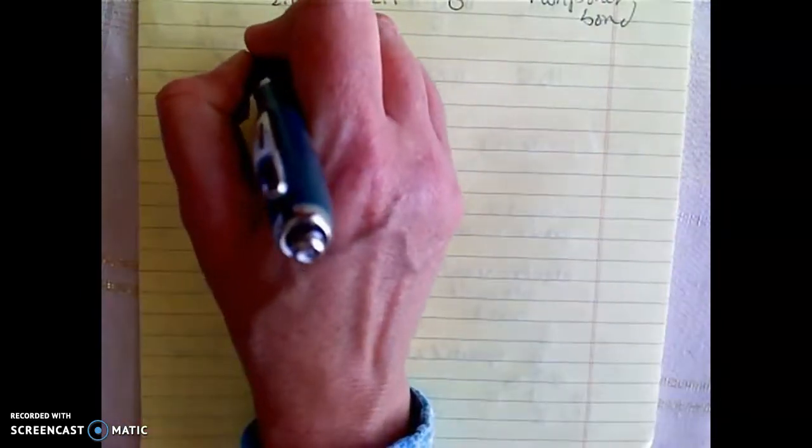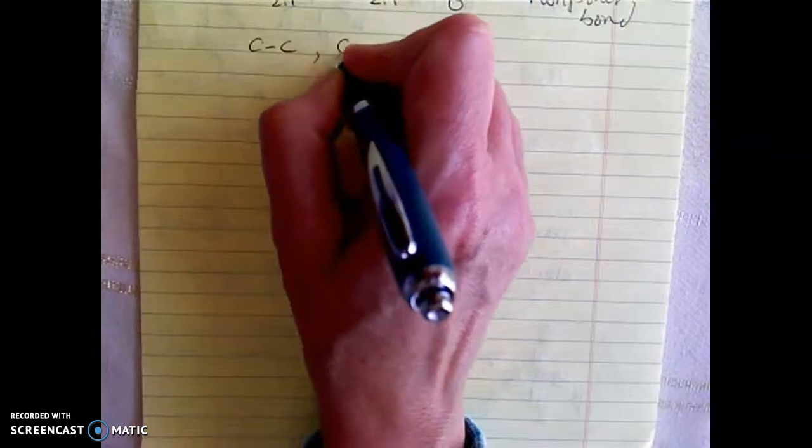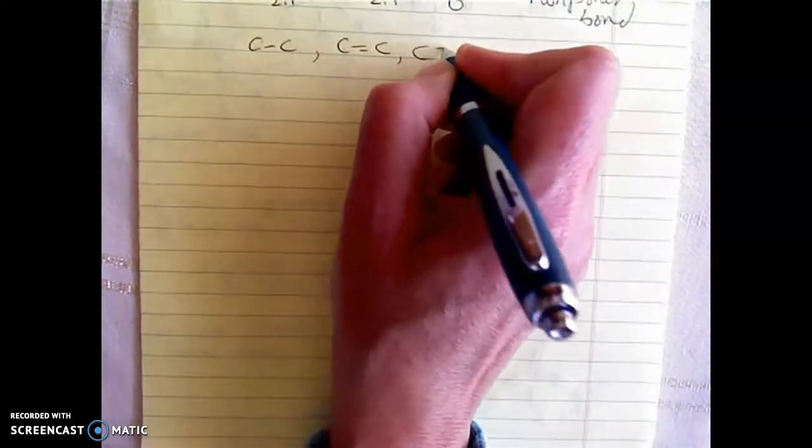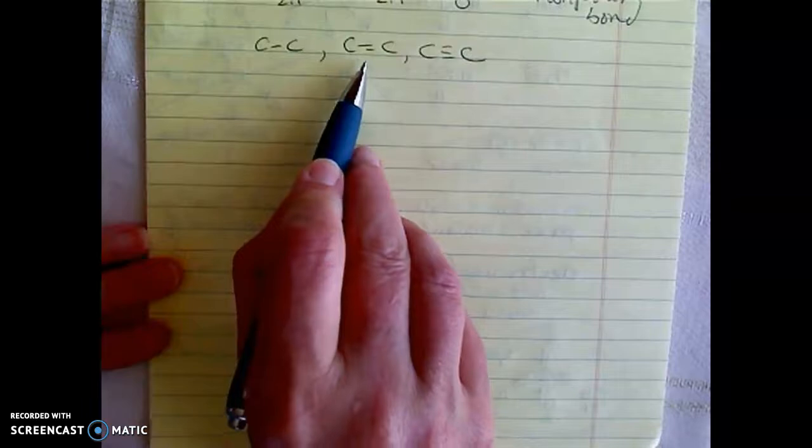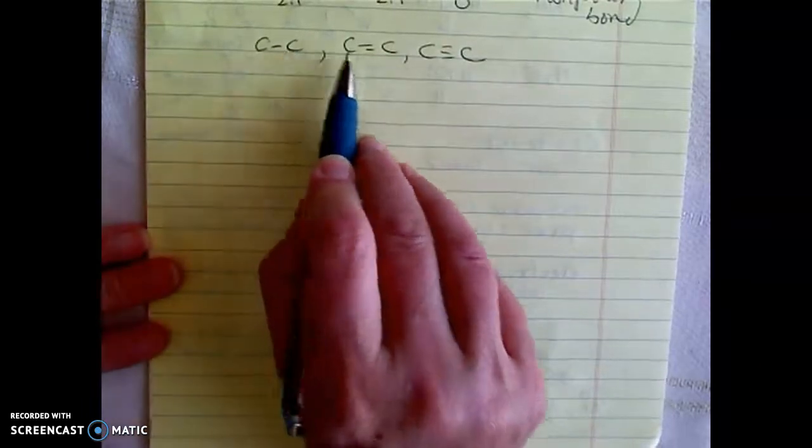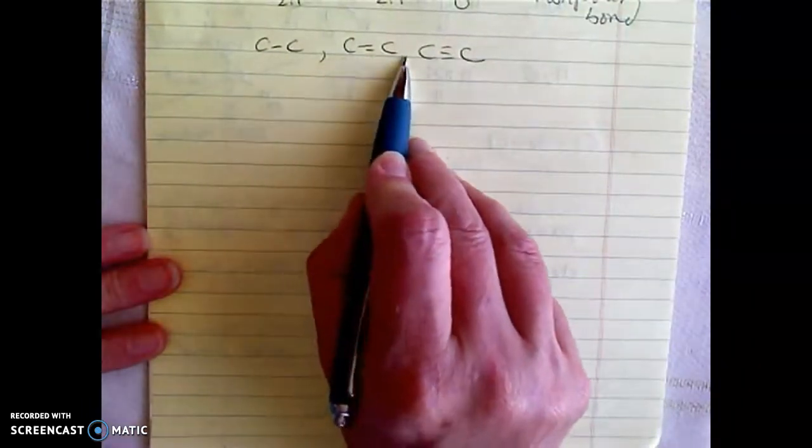We also talked about the types of bonds you could have when they're sharing. You can have single, you can have double, you can have triple. Keep in mind when we're talking about a single bond versus a double bond, and then again compared to a triple bond, you've got one shared pair, one from each atom. Here you have two shared pairs, 2 electrons from each atom.